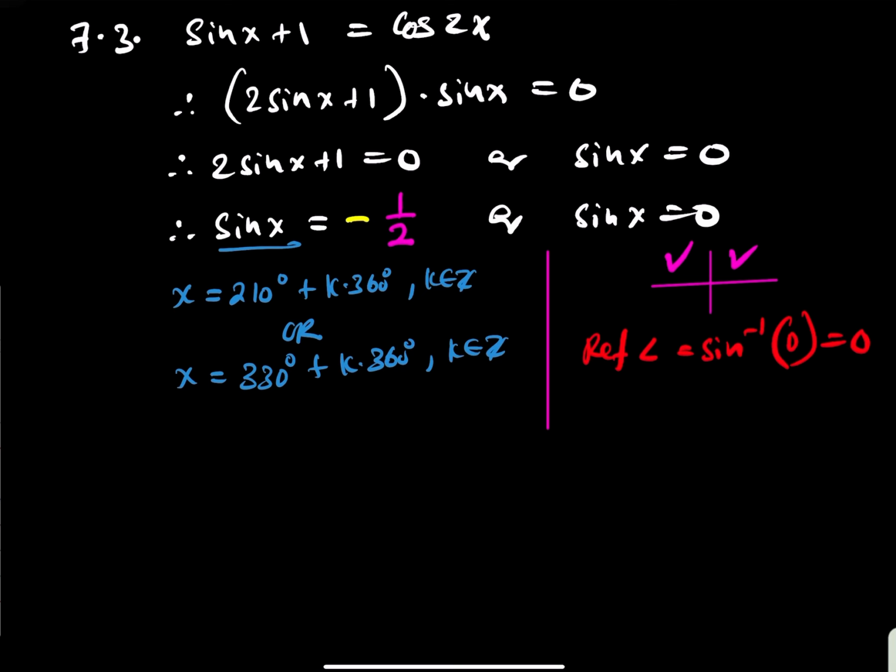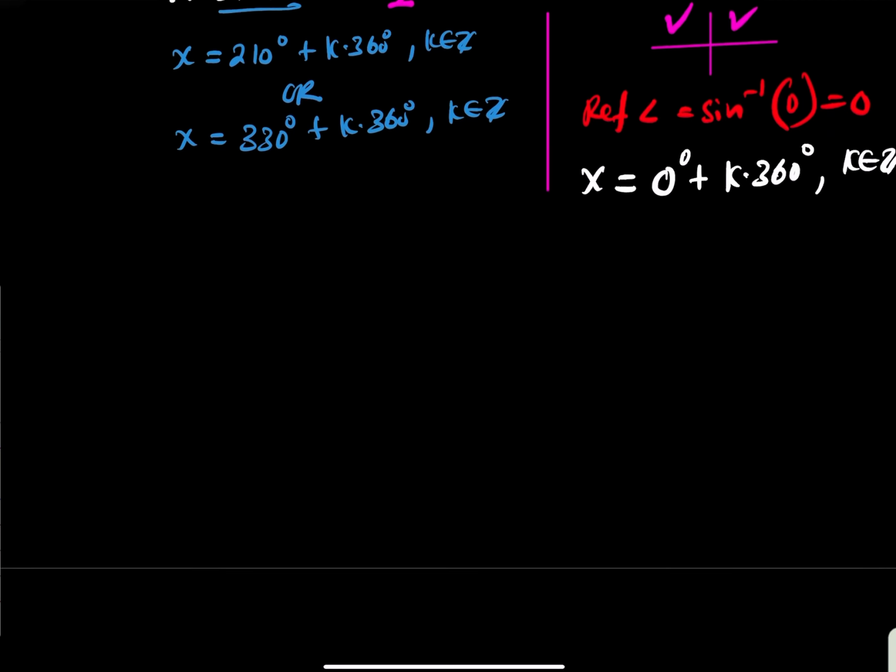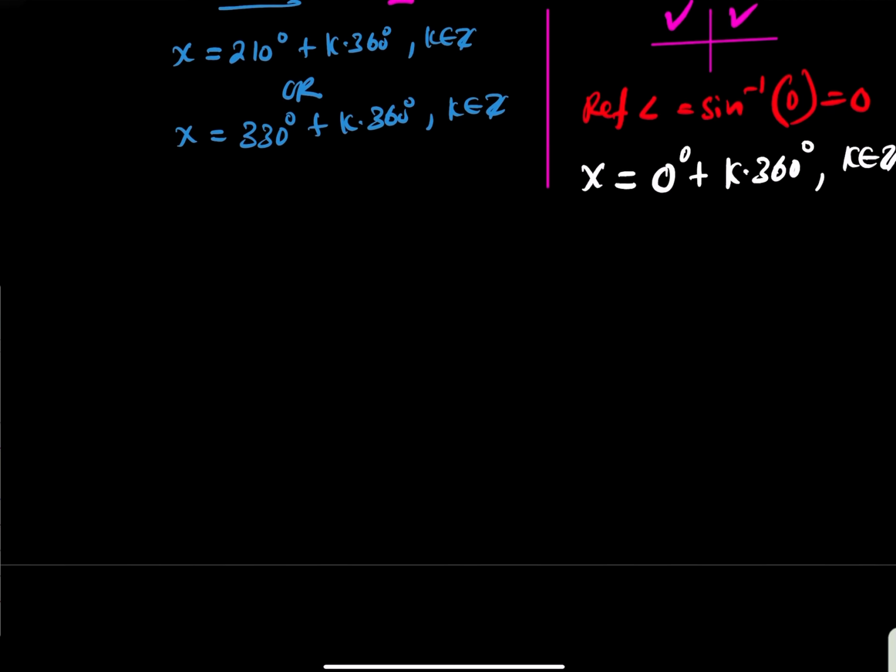This will then mean that your general solution of this part is going to be 0, the reference angle. And remember that this one is in degrees. Say plus k times 360 degrees, where k is an element of integers. Now, I want you guys to pay attention here.